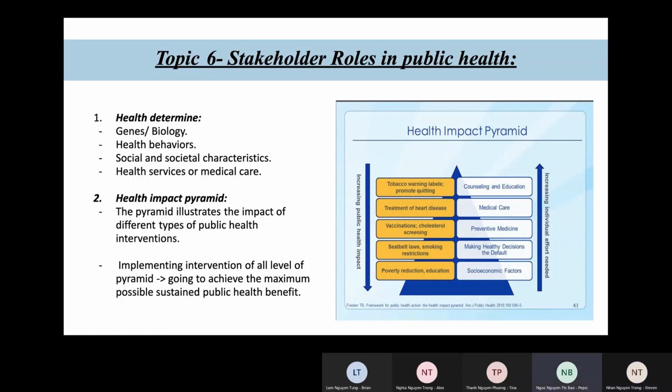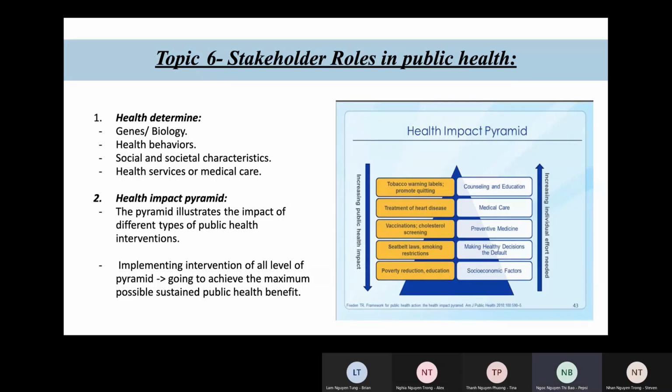And finally, the topic is stakeholders' role in public health. First are health determinants: gender, biology, health behaviors, social and societal characteristics, and health supply or medical care. Second is the health impact pyramid.